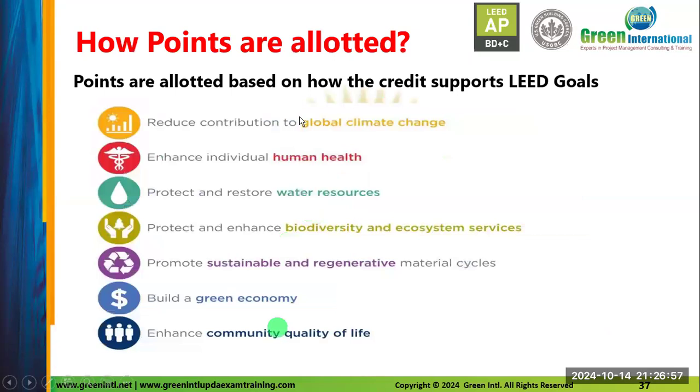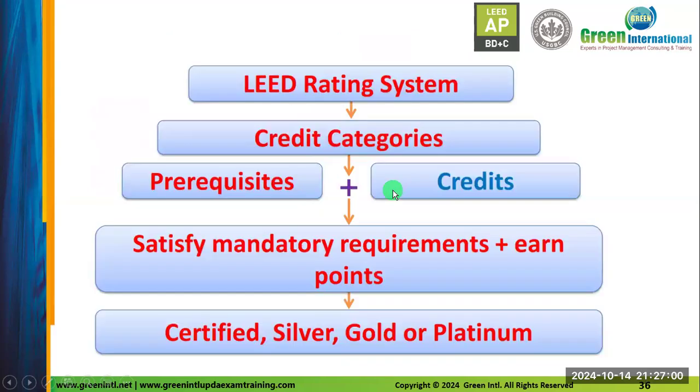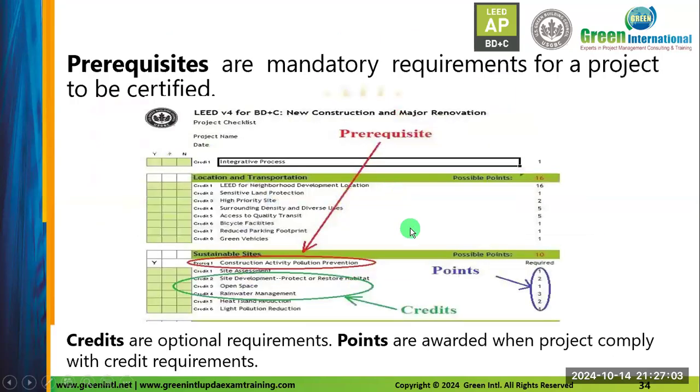How are points allotted in LEED BD+C? As you can see, you have different credits, and the points are different: sometimes 1 point, sometimes 2 points, and so on.